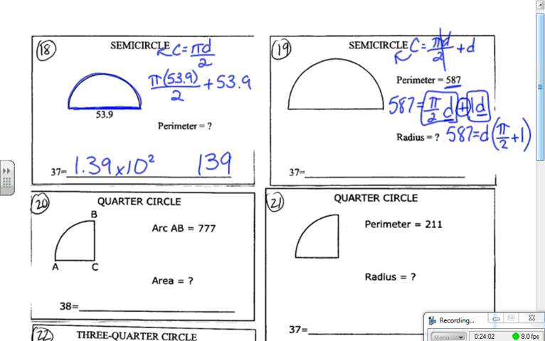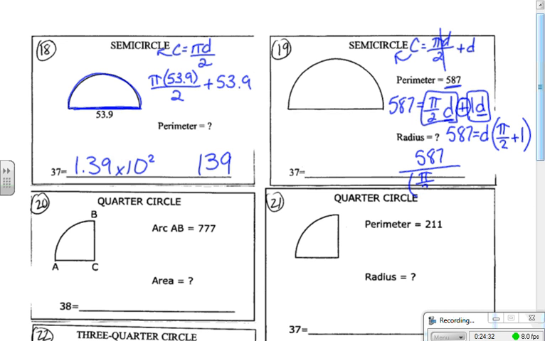And then the math in between was a plus sign, so we're going to write a plus in between them. Now we can do that in parentheses in our calculator. We can pull up pi, 3.14159, blah, blah, blah. We can divide it by 2, and then we can add 1 to it. And you should end up with like 2.57-ish. So in your calculator, if we're trying to figure out what d is, you have to start with your 587, enter, and then we have to divide by our set of parentheses here.